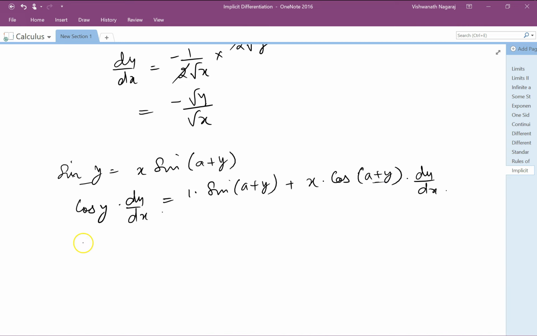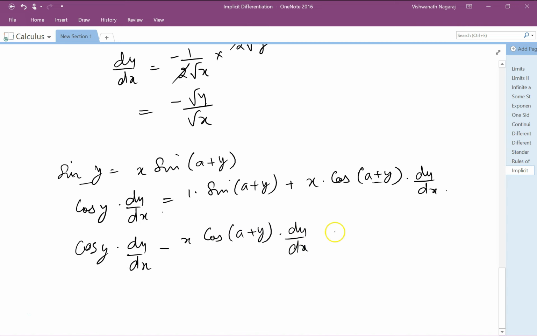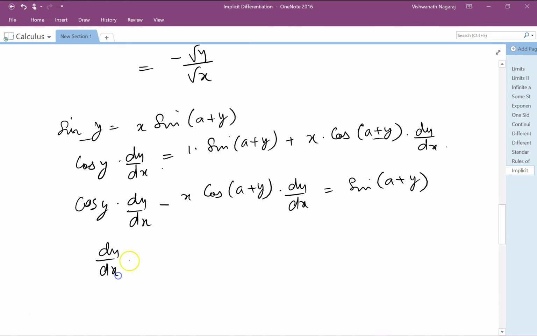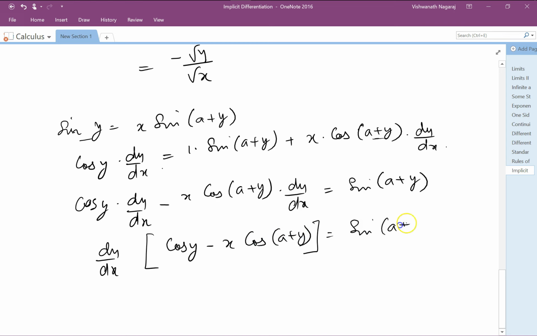Okay, now what? Now we have to get the dy by dx to one side. So cos y dy by dx minus x cos(a+y) dy by dx equal to sin(a+y). Taking dy by dx common, cos y minus x cos(a+y) equals sin(a+y).